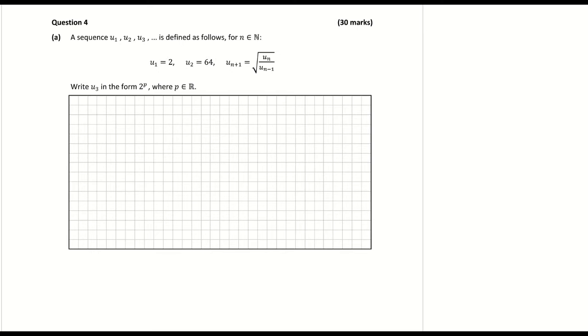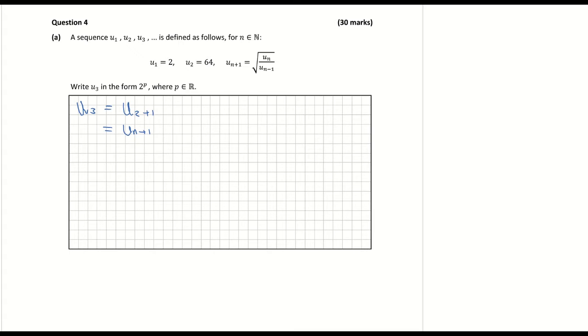A sequence u1, u2, u3 is defined as the following, where write u3 in the form 2 to the power of p, where p is an element of the real numbers. Okay, so we're trying to find u3 here. And another way of writing u3 would be the same as u2 plus 1, because if you look at the question there, it tells us that any term is found by going un plus 1.